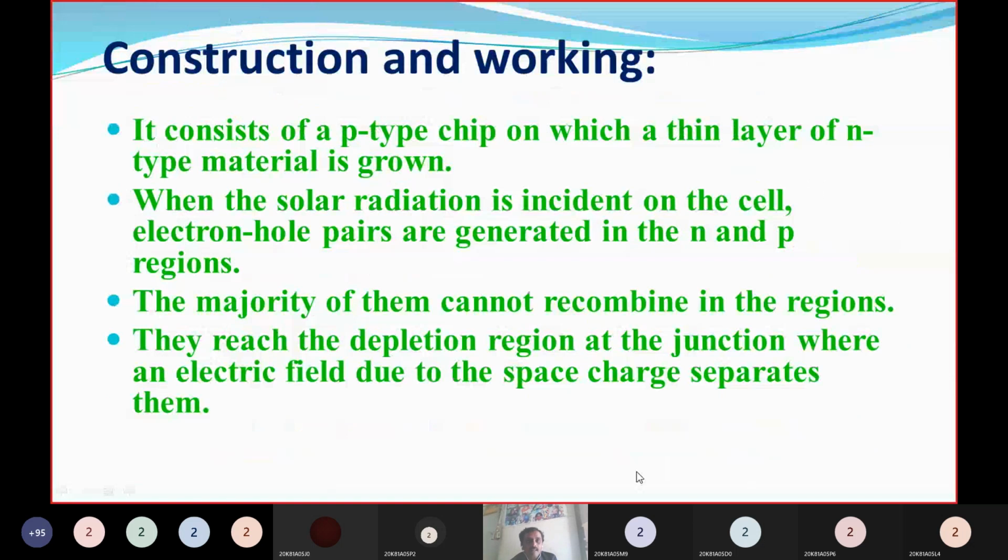Now, construction and working. How to construct the solar cell? Initially we take a p-type material. It consists of a p-type chip.